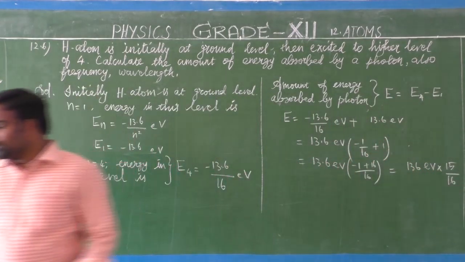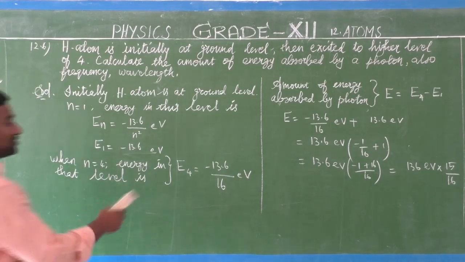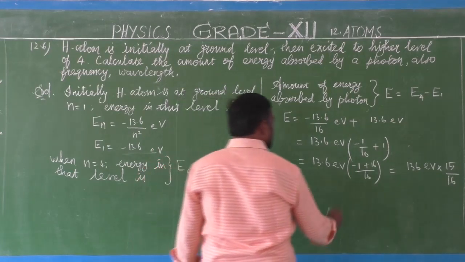So we got the final value. This final value, the electron volt will be converted into joule.